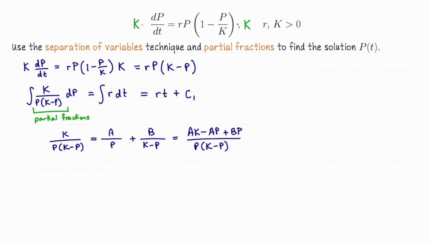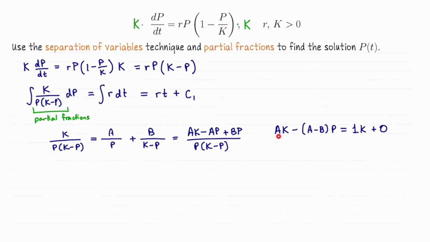Comparing numerators now, we can say ak minus (a minus b)P, I just did a little factoring there on the left, equals 1k plus 0. So I did a lot there, but what it amounts to is this numerator, ak minus aP plus bP, equals the other numerator, which is k.